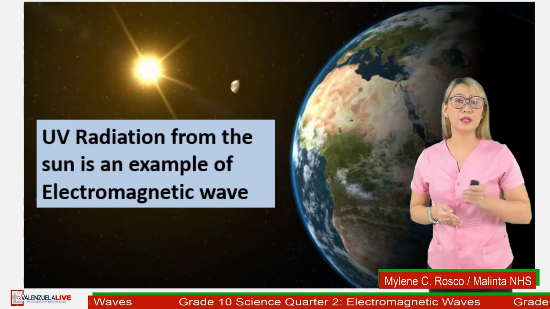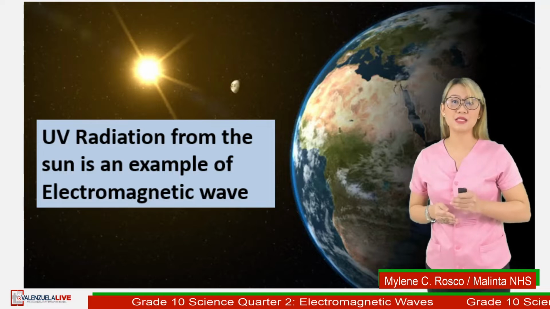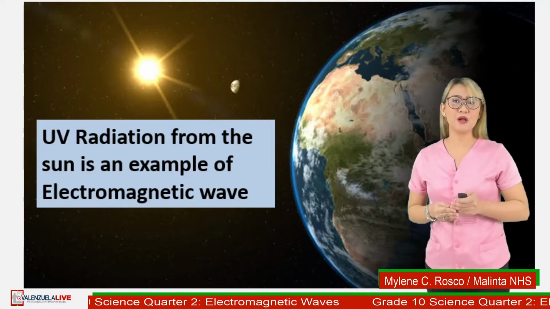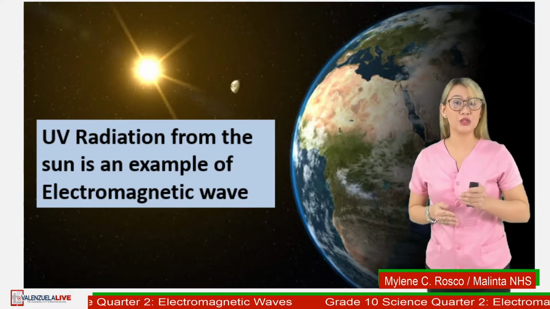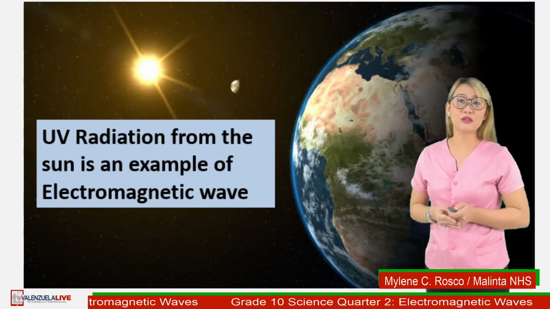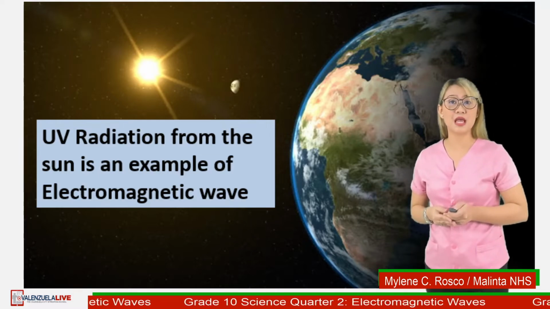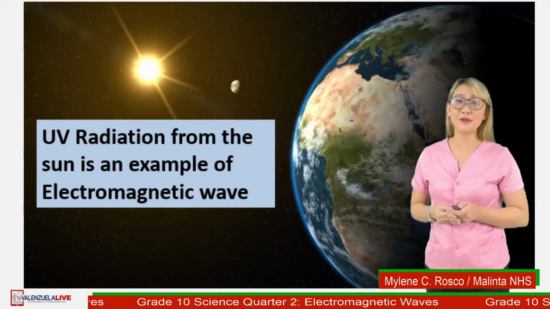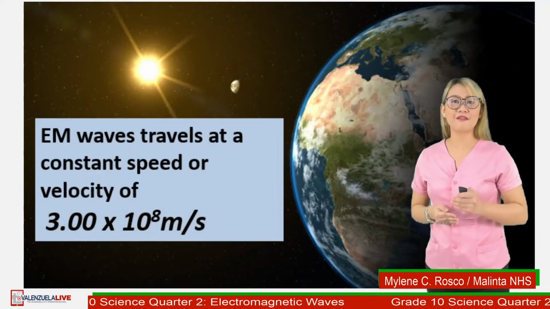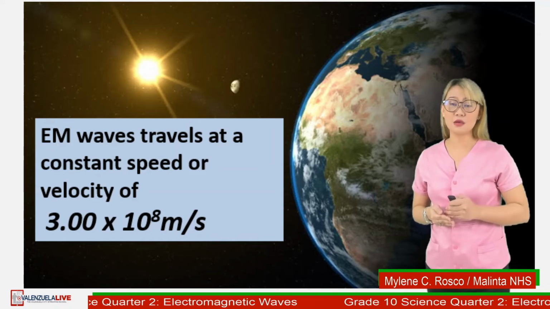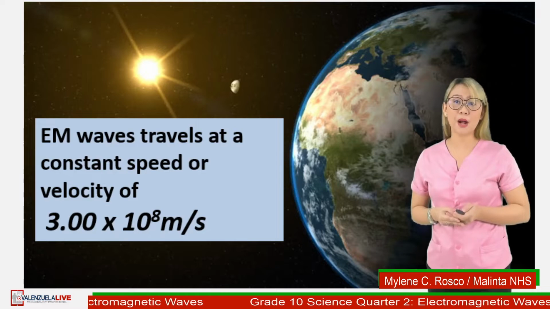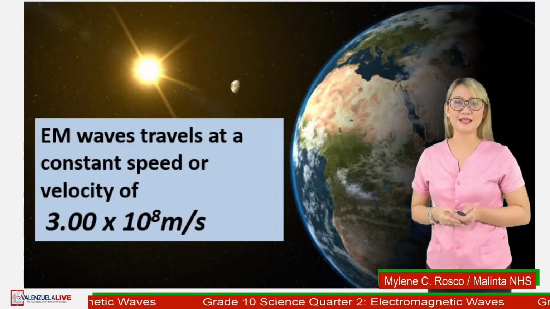The vacuum that we are talking about is defined as space devoid of air or matter. An example is the UV light from the sun. UV light is an example of an electromagnetic wave. UV light travels from outer space and reaches our planet even without a medium. Remember that EM waves travel at a constant speed equal to the speed of light, which is 3 times 10 raised to the power of 8 meters per second.